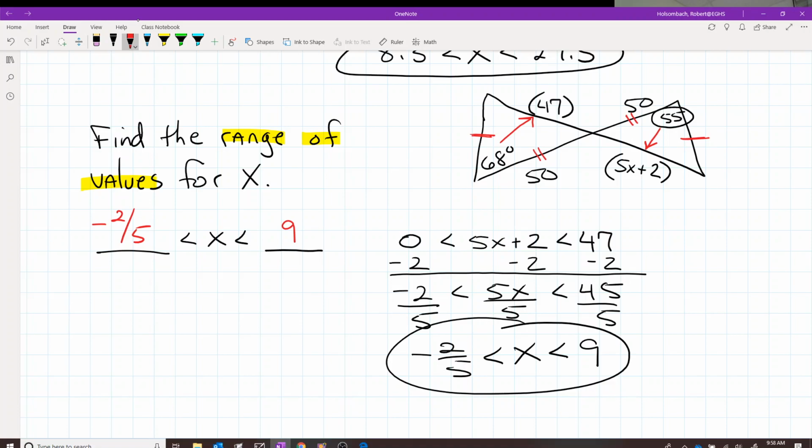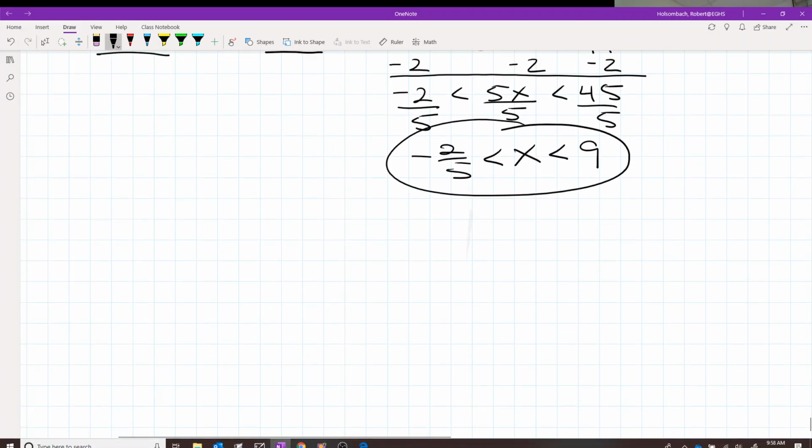Everybody all right with that? If you have to set an angle in a triangle greater than something, you're going to set it greater than 0 as well. Okay?